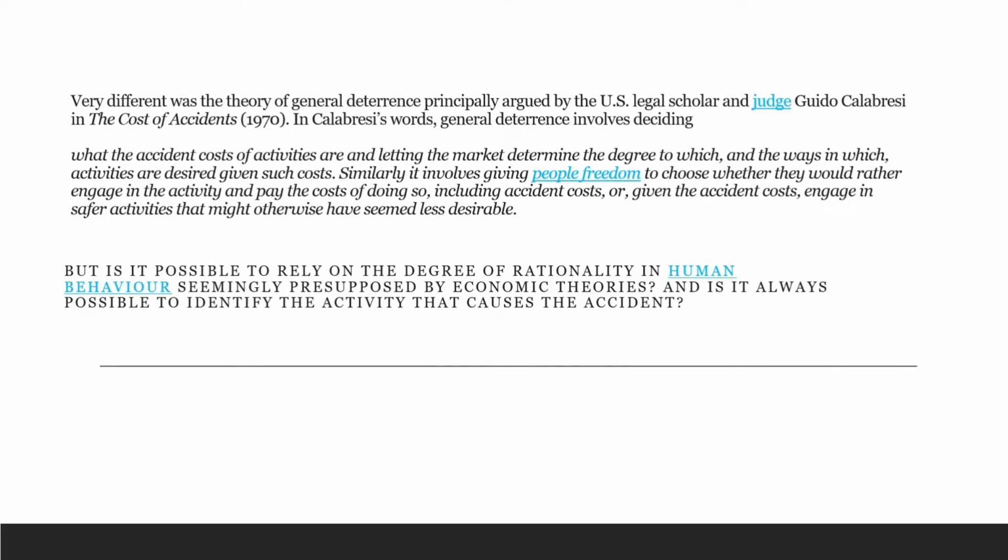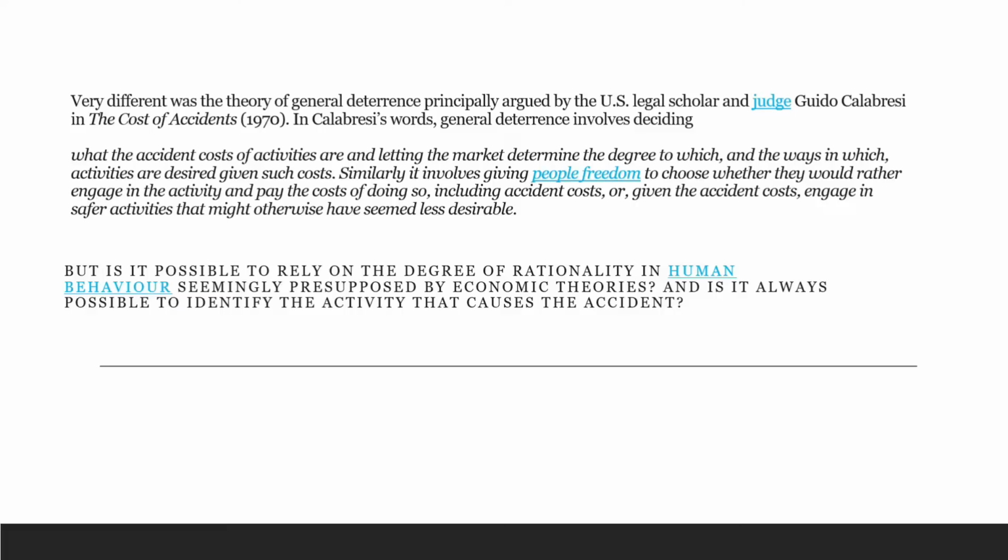Very different was the theory of general deterrence principally argued by the US legal scholar and judge Guido Calabresi in The Cost of Accidents, 1970. In Calabresi's words, general deterrence involves deciding what the accident costs of activities are and letting the market determine the degree to which and the ways in which activities are desired given such costs.